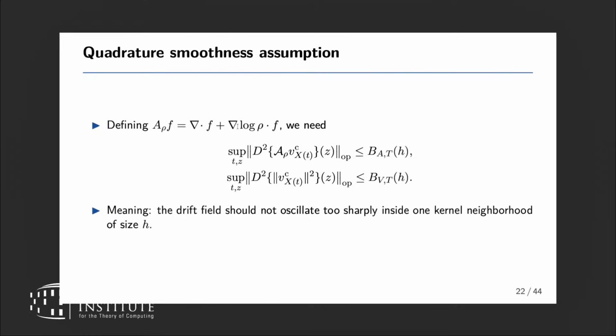Uniformly over time and space, we are going to assume that the second derivative of the Stein operator is bounded by some function of h, and the second derivative of the velocity field itself is going to be bounded by some other constant, which is also a function of h, right? The assumptions here are a little bit abstract, and I'm going to demonstrate a few illustrative examples. But intuitively speaking, what they mean is that the drift field should not oscillate too rapidly inside a neighborhood of size h, right?